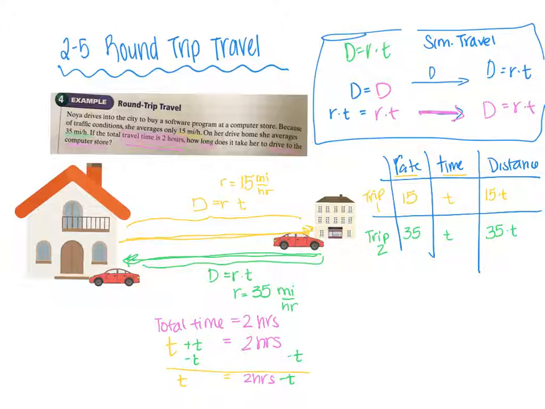So t equals 2, this is in hours, minus t. All right, so I plugged it in up there. I still need to come over here and plug it in for my distance. This equals 15 times, what does my yellow t equal? Well, it's this thing right here.